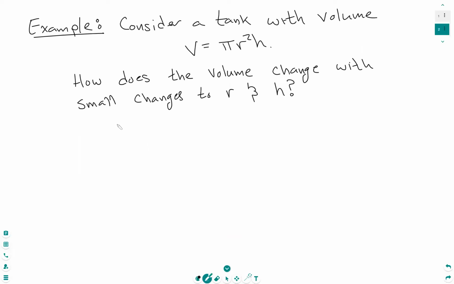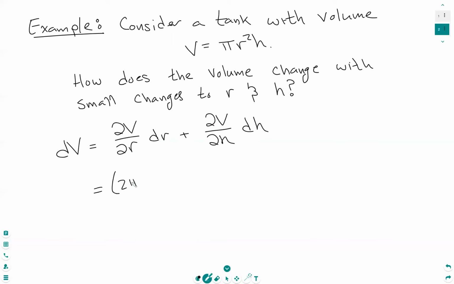So our dV, the change in the volume, will be related by these partial derivatives. We have partial V, partial R times dr plus partial V, partial H times dH. So we can actually do those partial derivatives.